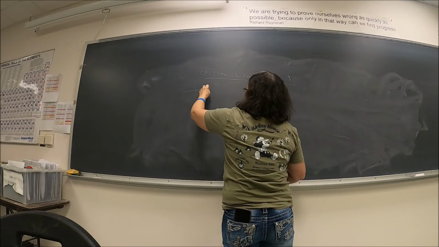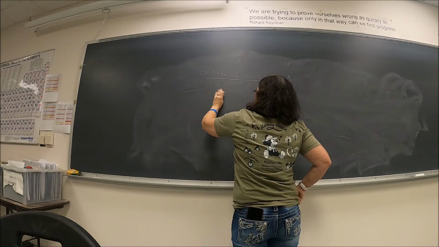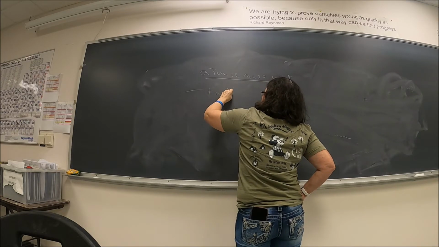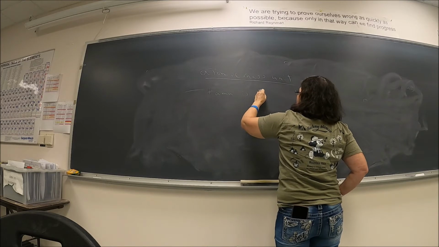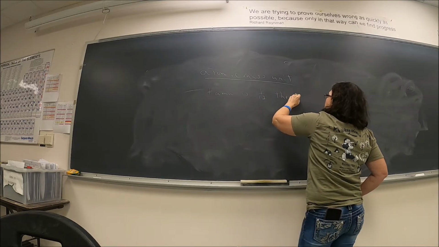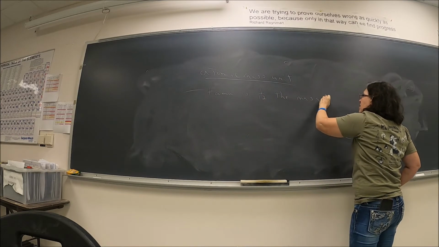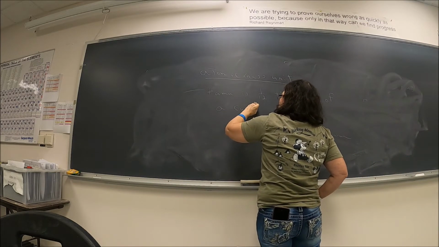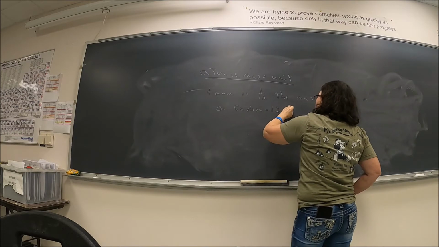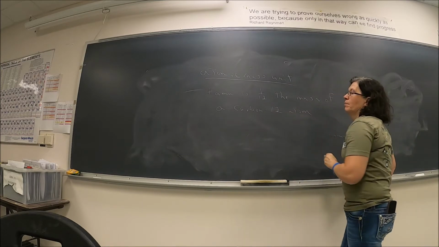The atomic mass unit, 1 AMU, is 1/12 the mass of a carbon 12 atom.